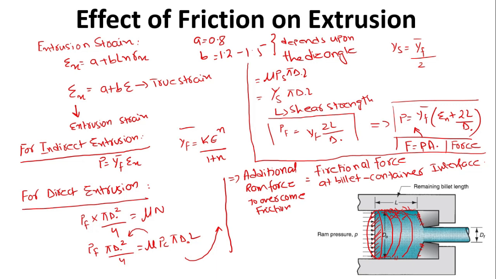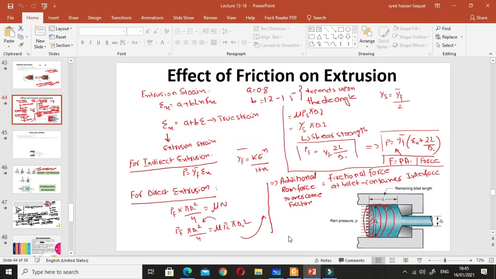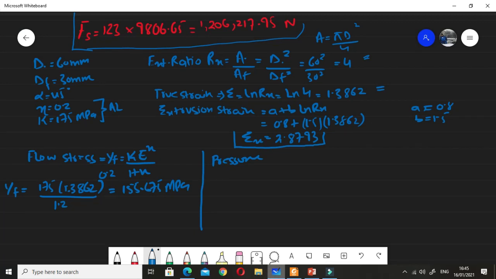So in this practical, we are not considering the friction between the work material and the container surface, so we are not going to take into account this additional factor in the calculation of our pressure. Let's discard this one. So we have the pressure that is just equal to flow stress into the extrusion strain. Right, we are not taking into account the 2 value by T naught.